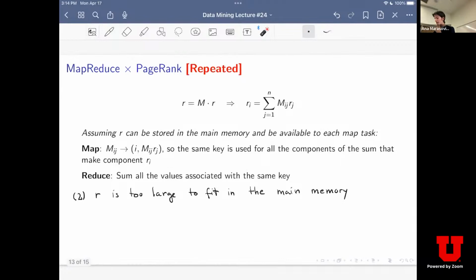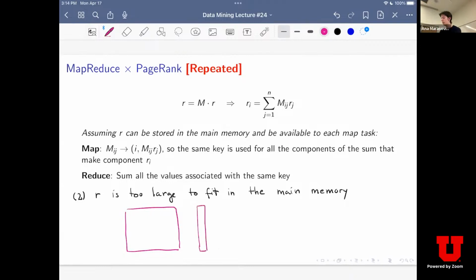Here people have developed another way to handle this matrix M and vector R. Our matrix M and our vector R are going to be divided into chunks like this. You're going to split your matrix M column-wise into, I'm so bad at drawing straight lines.